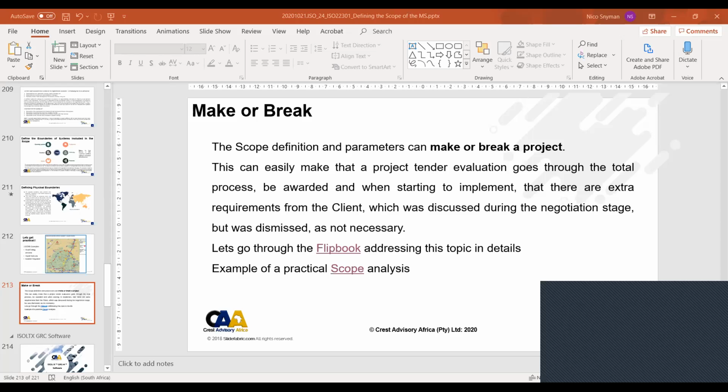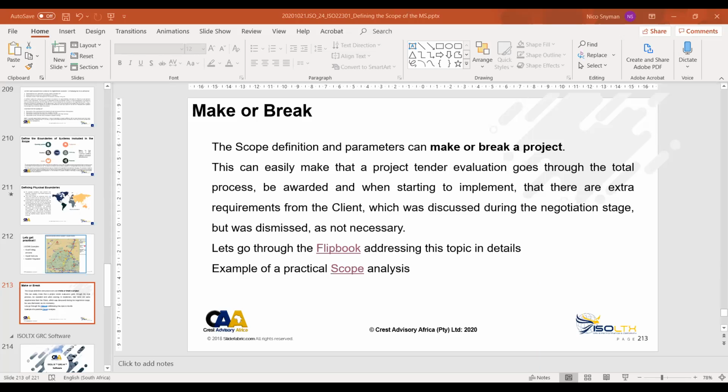We are going to be looking at a management system that we recently started to implement, and the big thing that we are talking about is, firstly, how do we get to the statement of applicability.